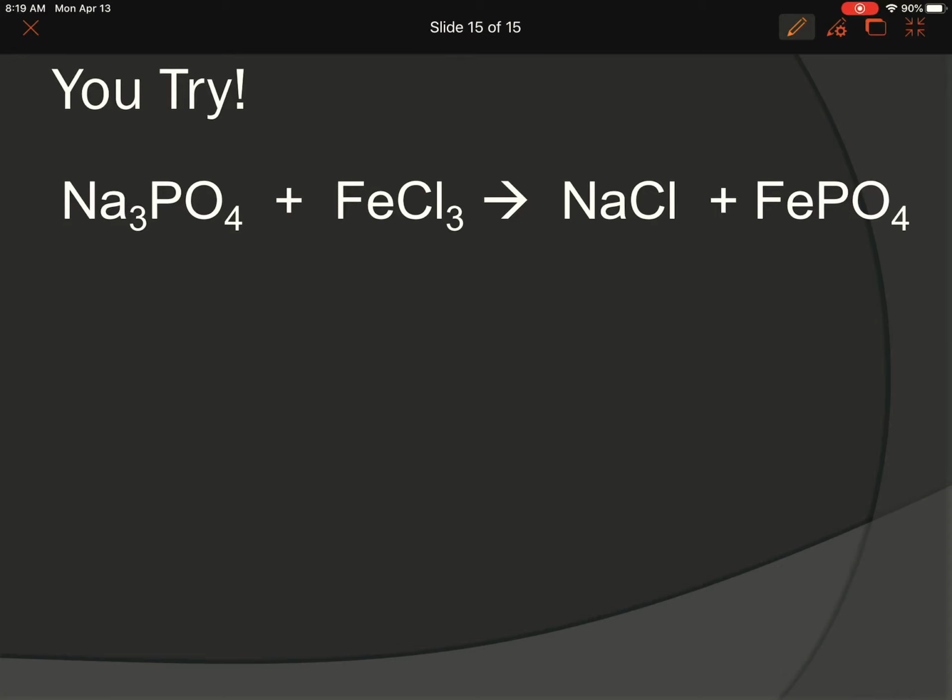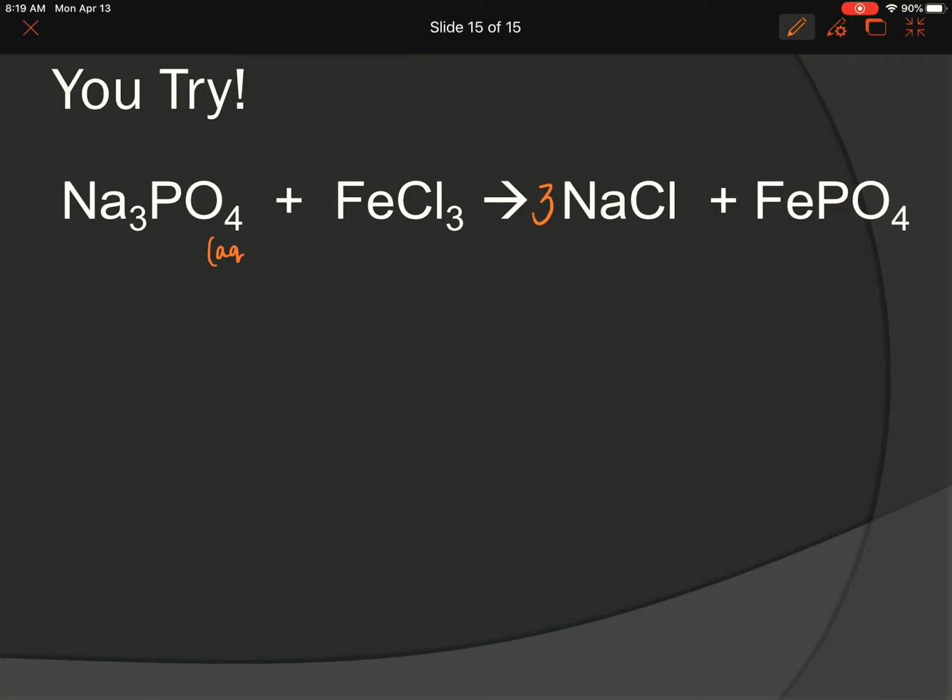So first things first, I would balance my equation. I'm noticing that I need 3 sodiums on the right side because I only have 3 on the left. And then, gosh, that's it. Is that it? Everything's balanced. Yeah, that was easy. Now I'm going to start writing out what is a solid and what is an aqueous solution.